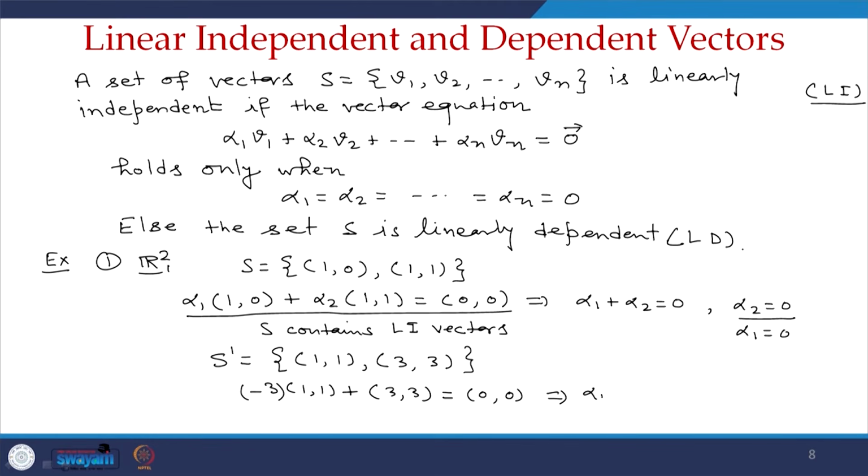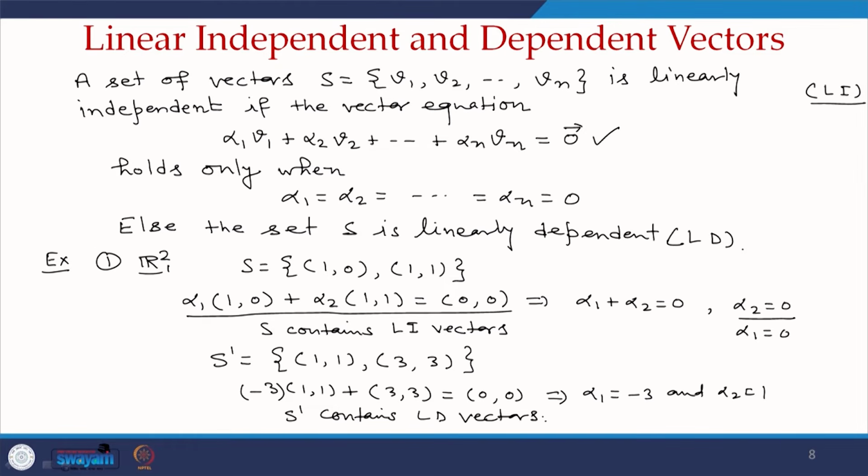It means if you take alpha 1 equals minus 3 and alpha 2 equals 1, the vector equation holds, and hence S dash contains linearly dependent vectors. Believe me, we will make a lot of use of this concept of linear independence and dependence in subsequent lectures and in machine learning also.